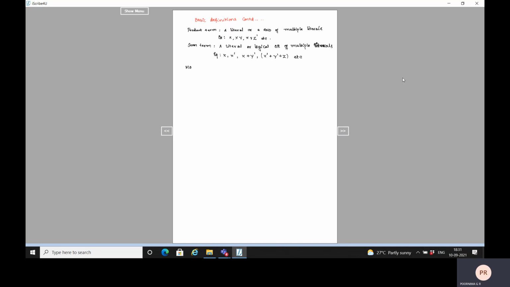Coming to the next definition that we'll often be using, the max term. What do we mean by a max term?